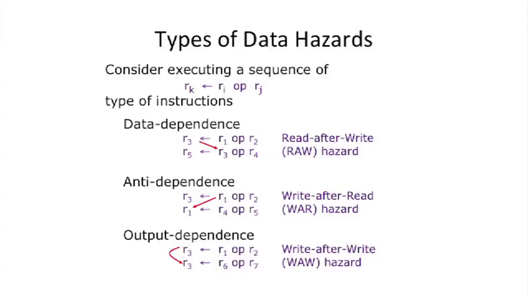So let's consider some example instructions here where you operate on register I and register J and you put the result into register K. And we're going to look at different types of dependencies, and we're going to name them. So the basic dependency here is a read after write hazard, or a read after write dependence.